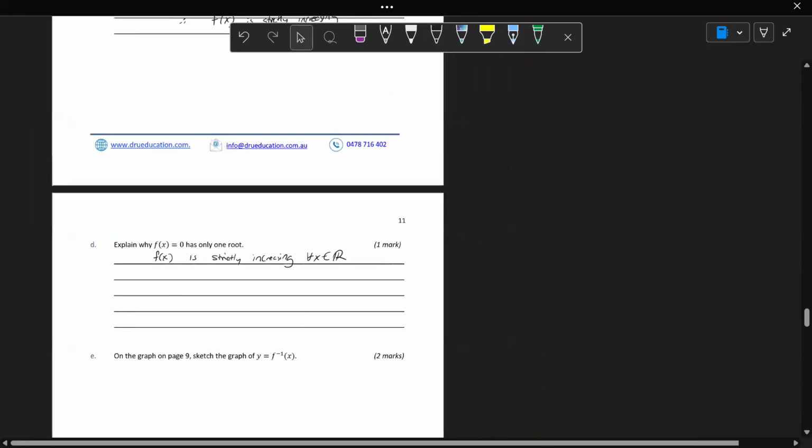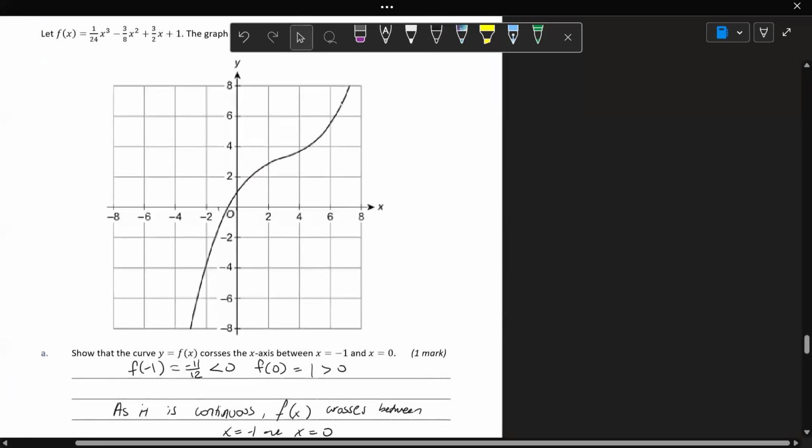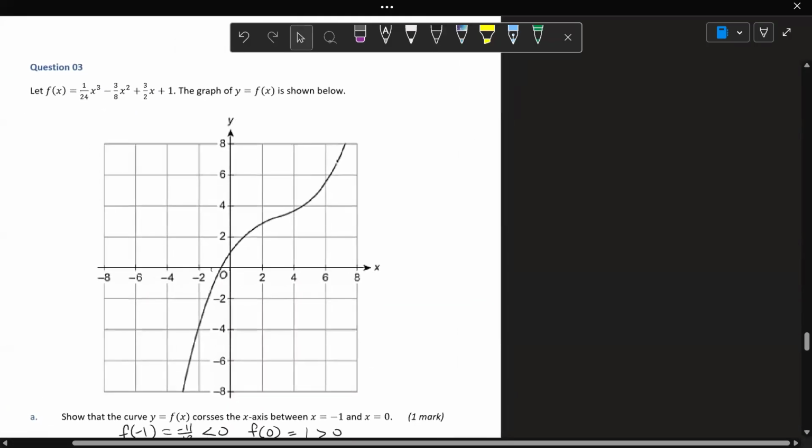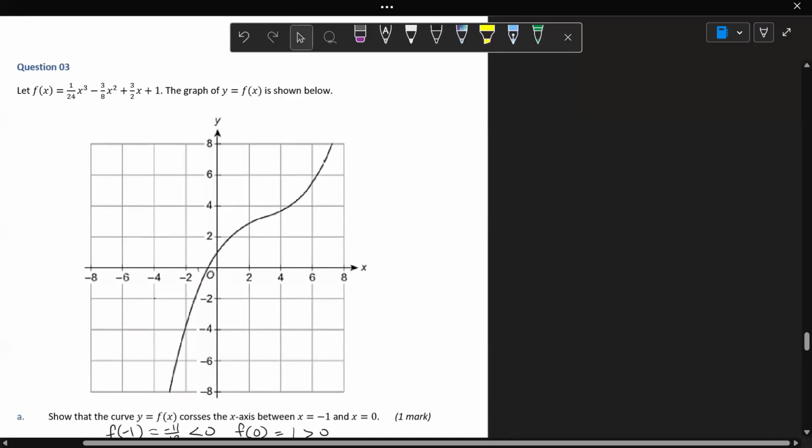Sketch the graph of f inverse x. You can just do this by observation. This point here is -2, -4, so that means it goes through here, and it should cross somewhere around here. So -3, -8 is a point, so -8, -3 is also a point.